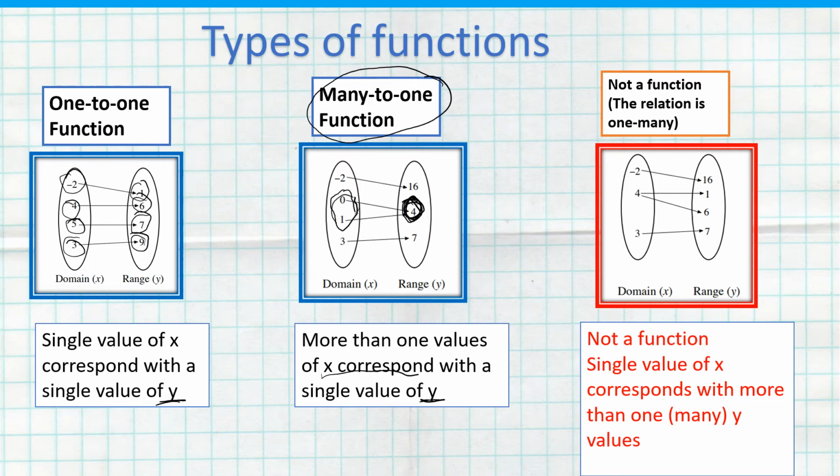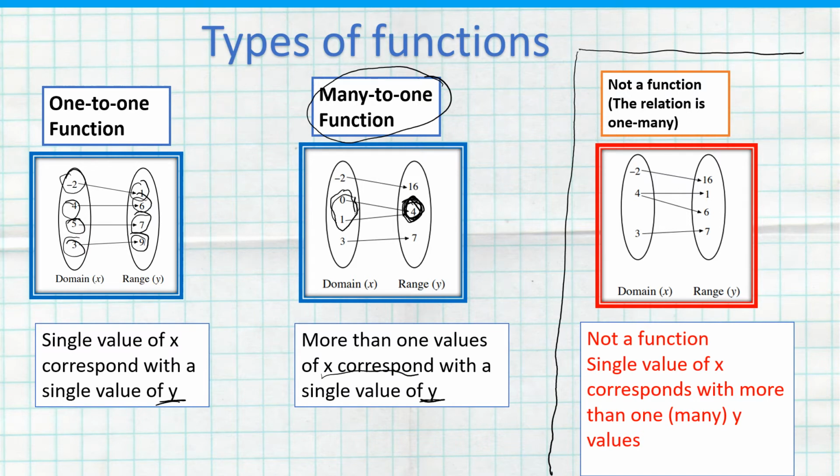Okay, so not a function, the relation is one-to-many. For example, you get that this is not a function, right? It's not really classified under types of function, I just put it so that you can get a comparison between types of function and those that are not a function. So we obviously know that if something is not a function, there are more values of y for a single value of x, right?